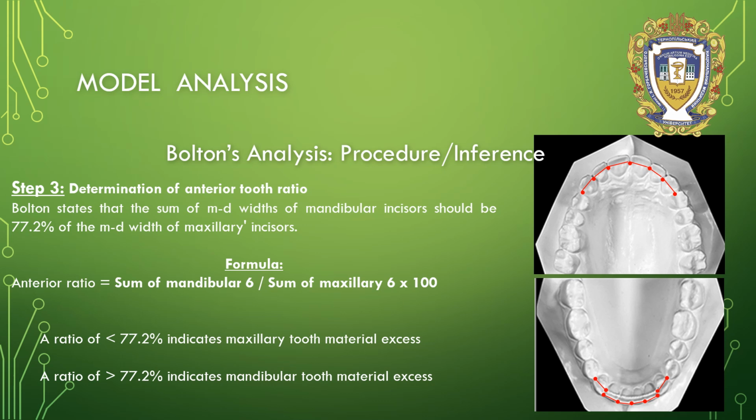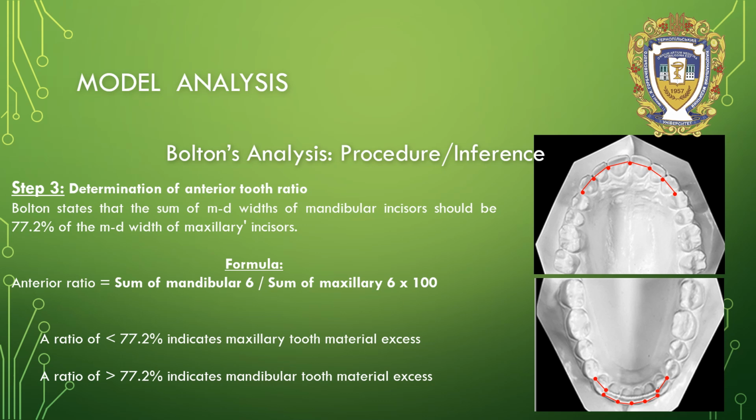In that case, third step will be determination of anterior tooth ratio. Bolton states that the sum of mesiodistal width of mandibular incisors should be 77.2% of the mesiodistal width of maxillary incisors.